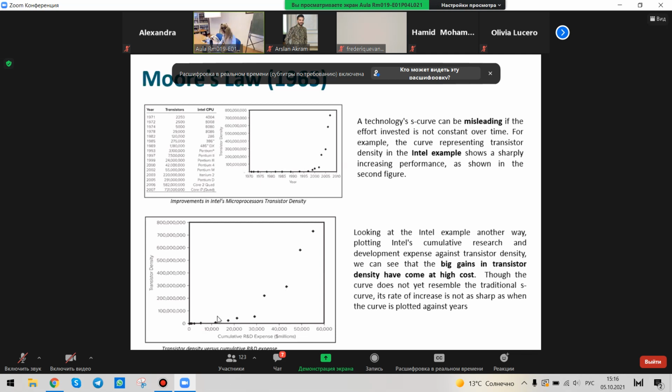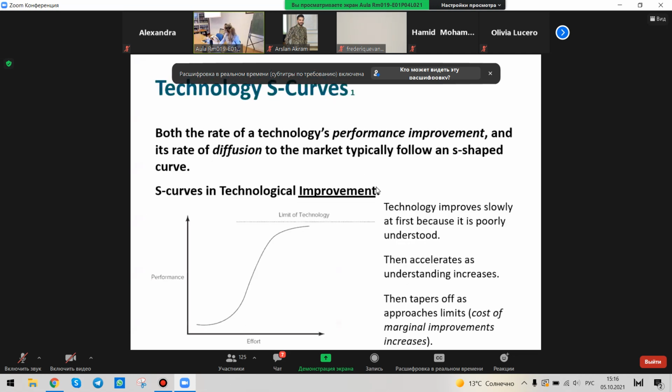We can see that, of course, also here we have a representation that is growing. So the more the technology improves, in a sense, the more the density improves, the more also the expense in R&D improves. This means that technology improvements, of course, imply a big effort in terms of R&D expenses. And this is also why in the traditional, let me say, representation, here we have that our curve flattens.